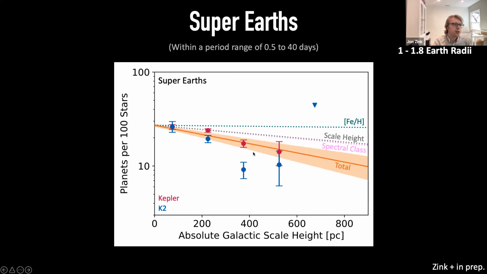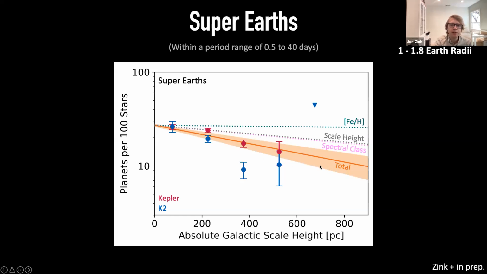This also appears to be true for the super Earths. We're not able to fully describe this trend with metallicity and spectral class. We need some third parameter to compensate for this downward trend.